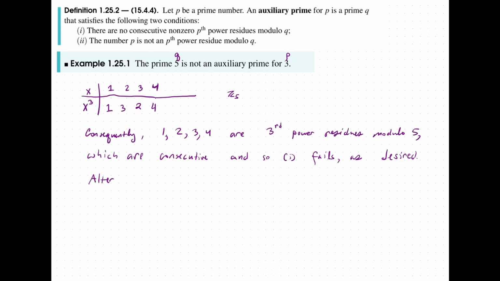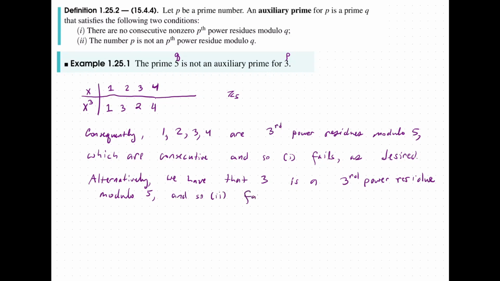So alternatively, we have that 3 is a third power residue modulo 5, and so 2 fails. And so that's the first example.